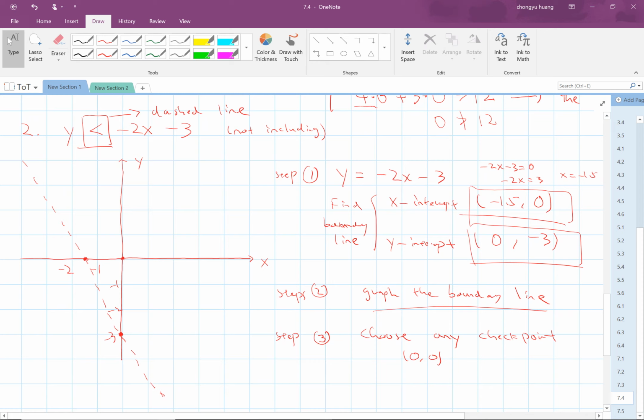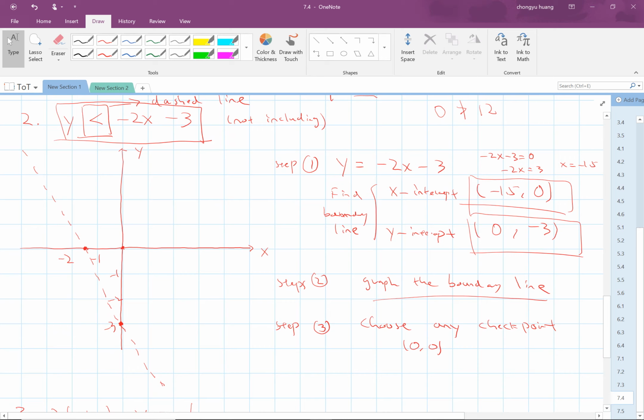If the statement at the checkpoint is true, you shade the area with respect to the boundary line, on the side including that checkpoint. If the statement is false, then with respect to the boundary line, you shade the area not including that point. Okay, so how you check the statement is basically plugging the point into the inequality.